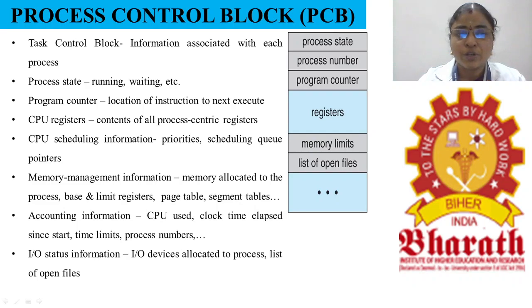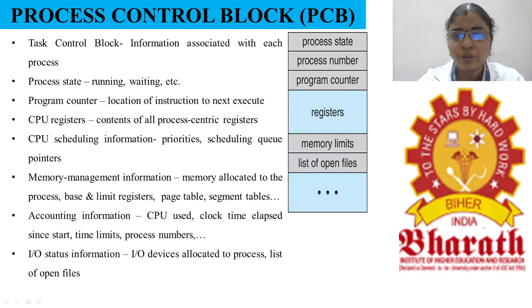Then CPU scheduling information. What type of CPU scheduler we are using, whether priority scheduling or round robin scheduling, depending upon that it will contain the priorities of the CPU scheduling, and scheduling queue pointers are also available in the CPU scheduling information. Then memory management information means what memory is allocated to the particular process, what is the value of the base register and what is the value of the limit register.